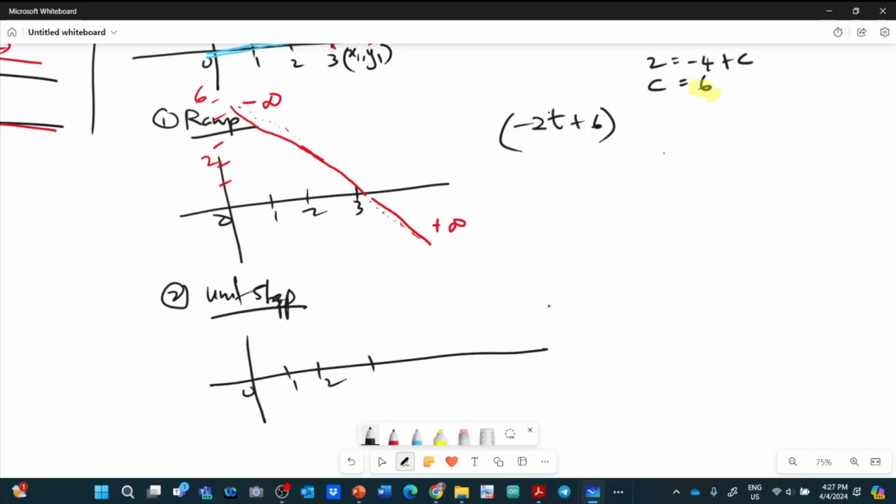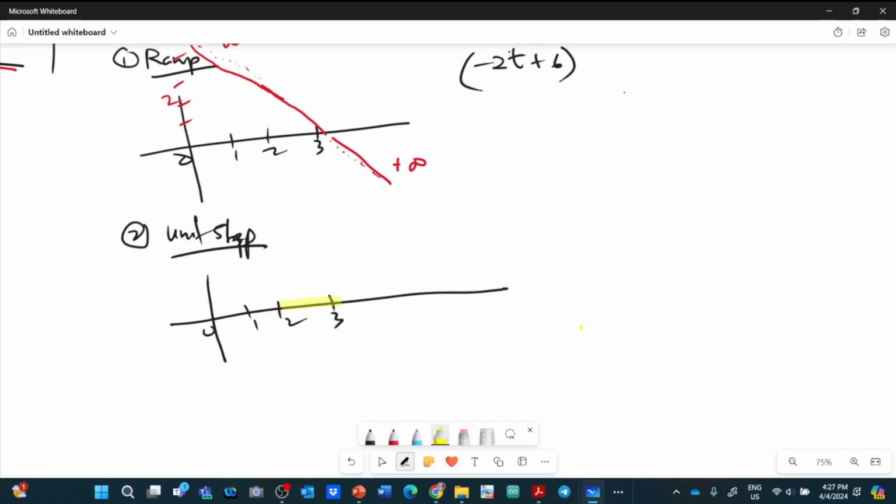Okay, 0, 1, 2, 3. Dia cuma ada value between 2 and 3, right? So you nak plotkan yang ni. Jom congak apa dia? Apa jawapan dia? U(t minus 2) minus U(t minus 3). You akan dapat signal ni dengan amplitude 1.